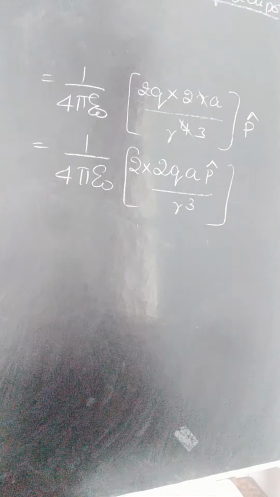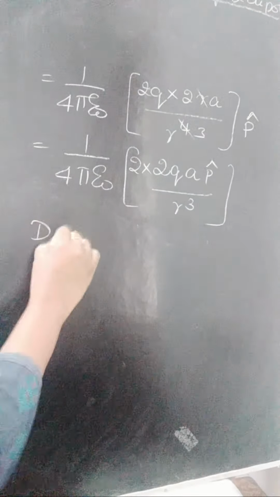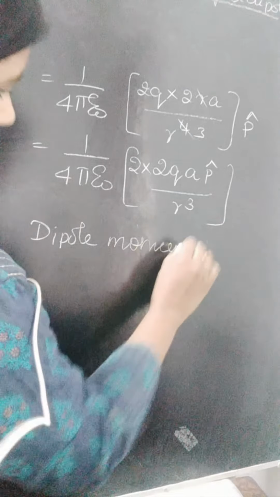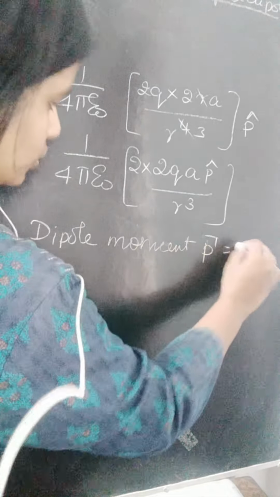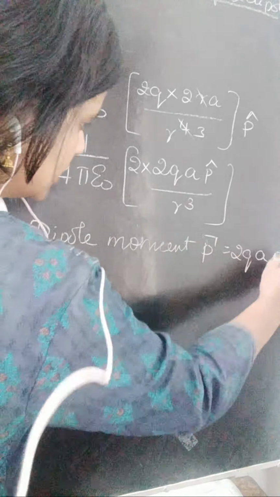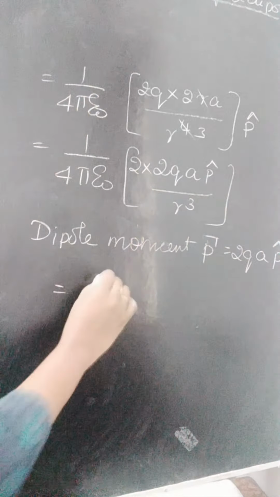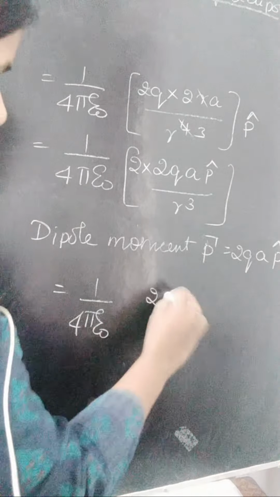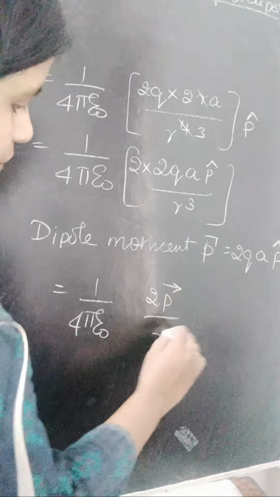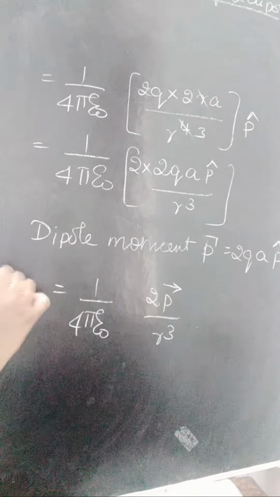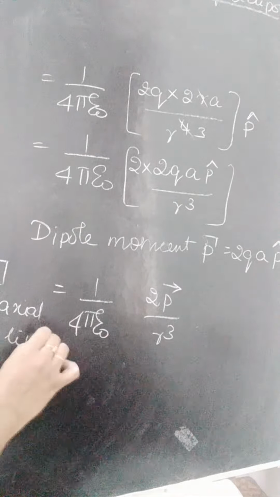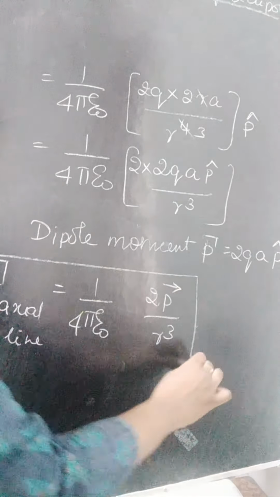Charge into the distance, right? So the dipole moment here we can write as p vector equal to 2qa p cap. Substituting that value, what do we get? 1 by 4 pi epsilon naught into 2p vector divided by r cube is my E vector along the axial line of the dipole. Yes?